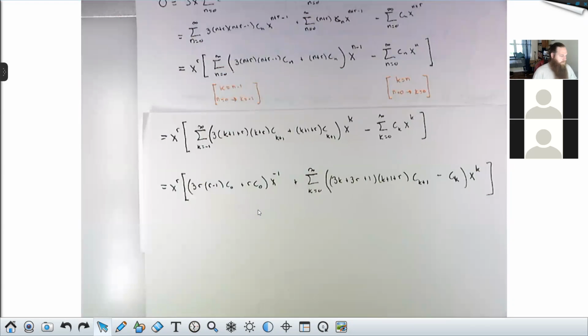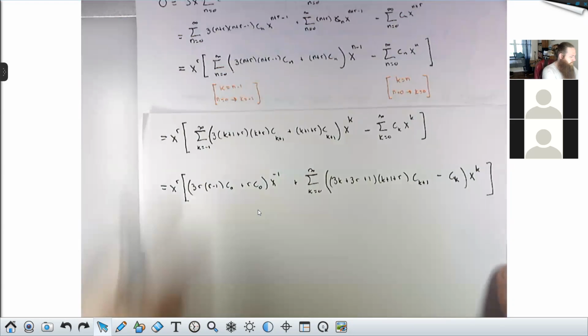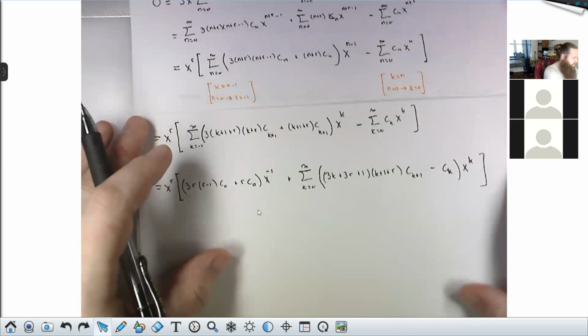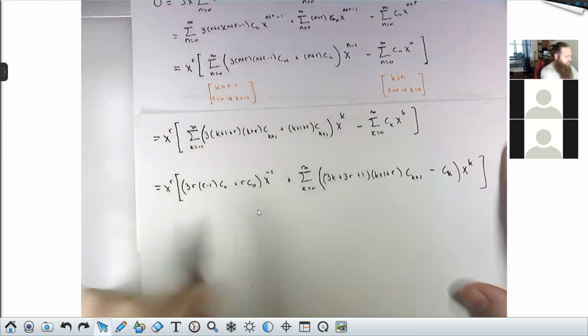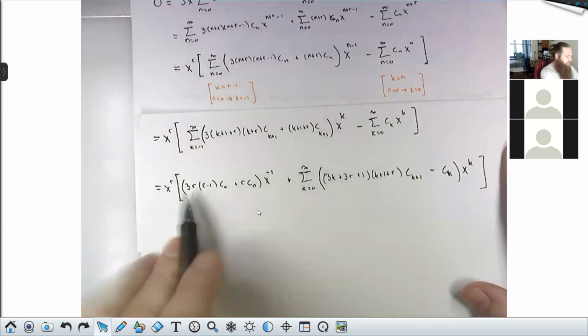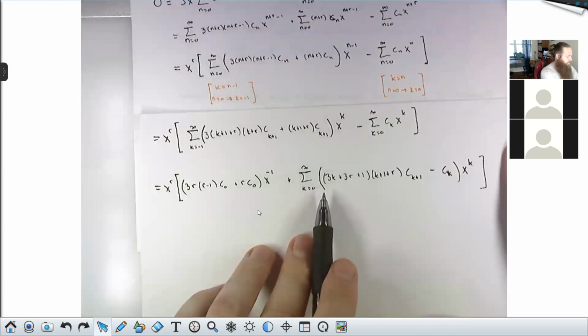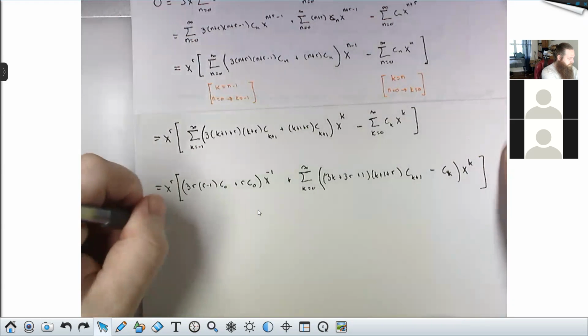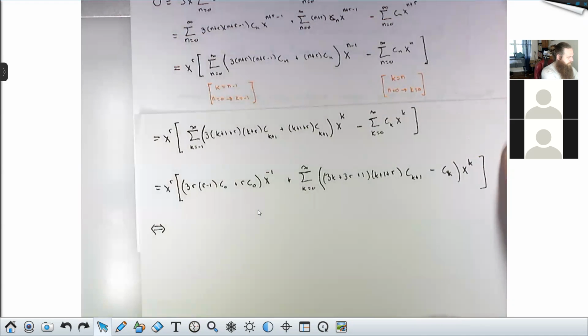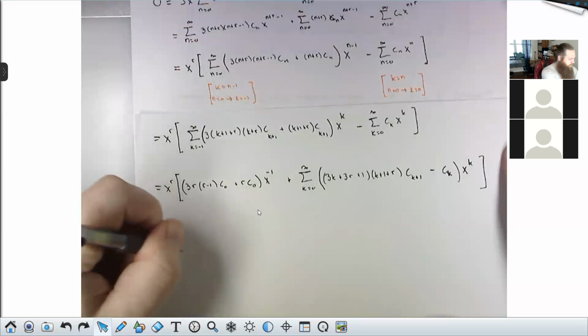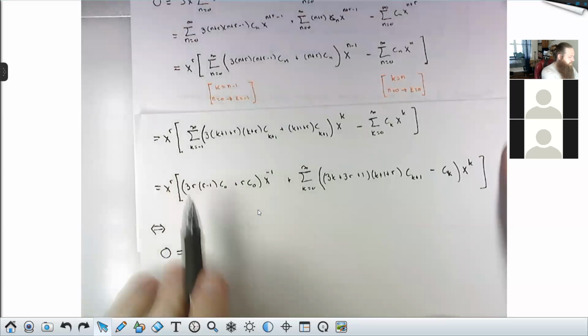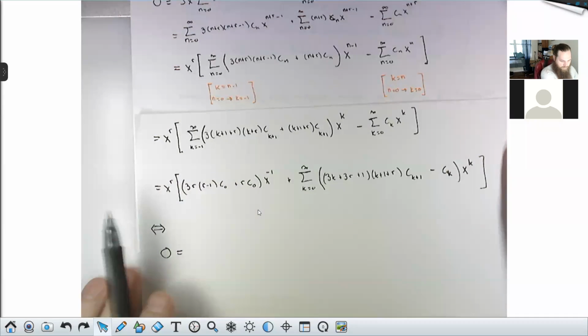Or you could say that the x to the r term as a power function could never be identically 0. But you will need this to be 0, and you will need these coefficients to be 0. So I'll kind of rewrite it without the big scary brackets, trying to clean this up as much as I can.